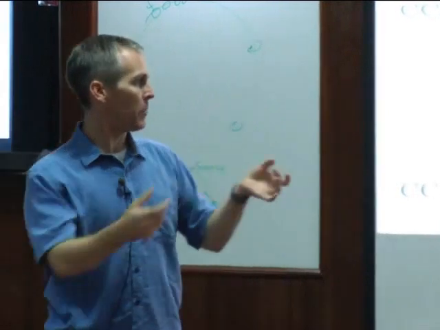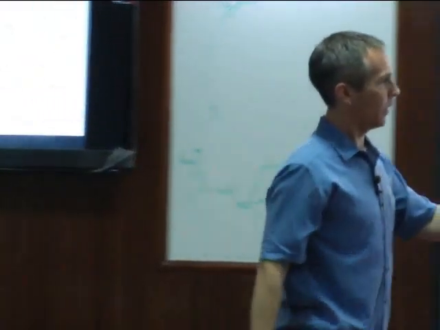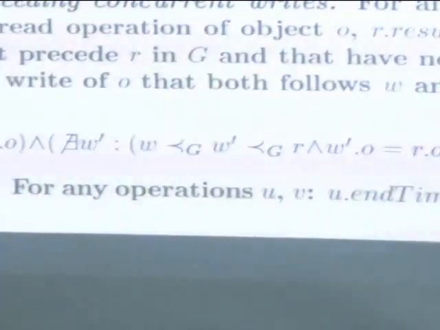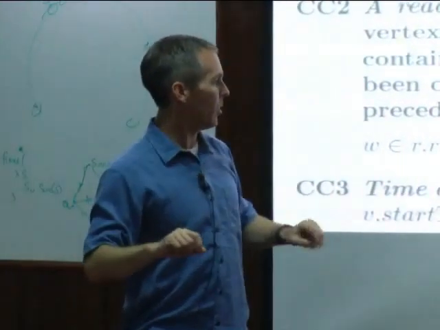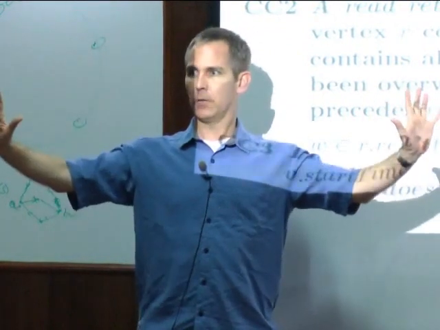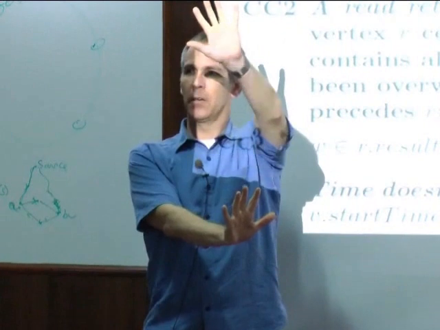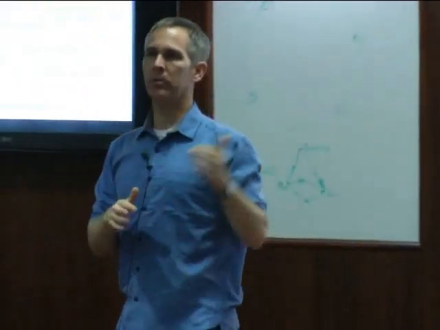For any pair of operations, if U ends before V begins, then in your DAG, we don't want V to come before U. They can be concurrent, but you don't want the later event to happen before the earlier event. And it turns out you do need this constraint to make the theorem go through.